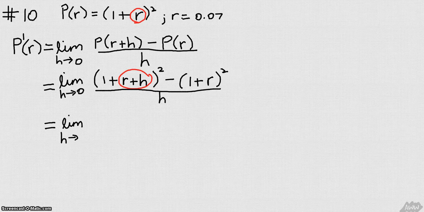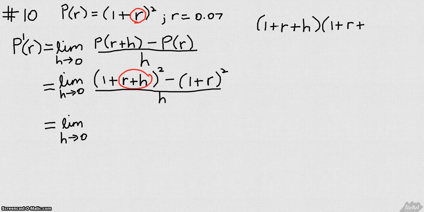So what we have now, we're going to expand this. And remember, we don't use the f word because, as you can see in this particular case, we have three quantities. So we have 1 plus r plus h times 1 plus r plus h. So if I just do the work over here, you'll notice we have the first term times that whole quantity.